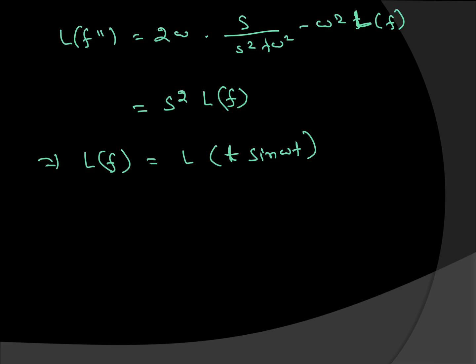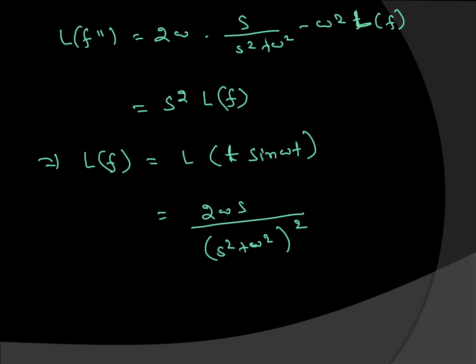T is multiplied here, so you have to do the differentiation, already discussed in my previous video. So finally after differentiation you will get 2 omega s divided by s square plus omega square whole square. This is your answer.